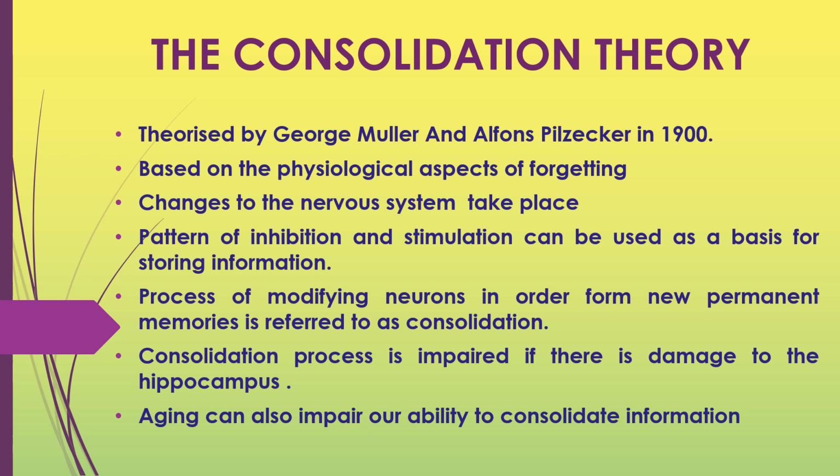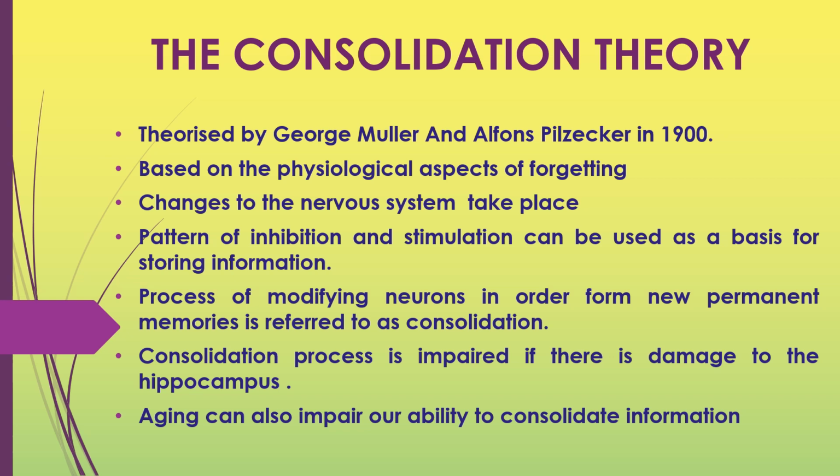During this period, the information is moved from short-term memory to the more permanent long-term memory. So the moment a memory is consolidated, it is moved from short-term to long-term storage and it becomes resistant to forgetting.